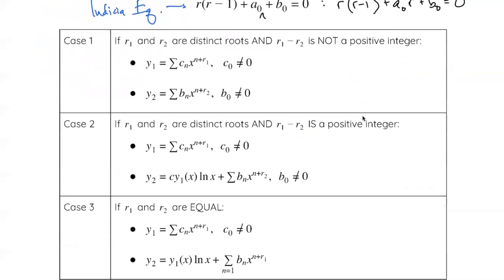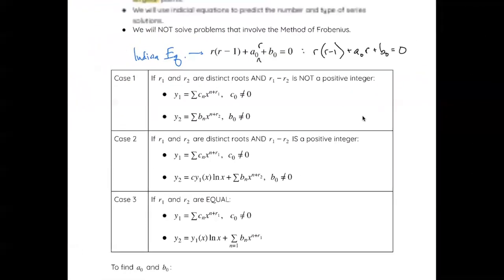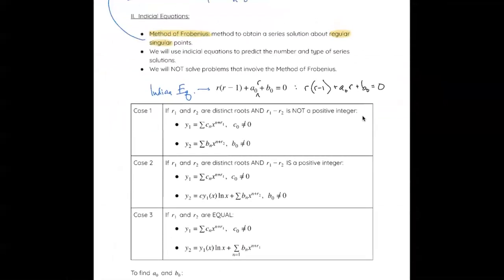Now the chart that follows here, your three cases. You plug your values in there, and what you're going to be plugging in is your a sub 0 and your b sub 0. You plug in a sub 0, b sub 0, and you go ahead and factor. And you end up with an r1 and an r2 that are different from each other.